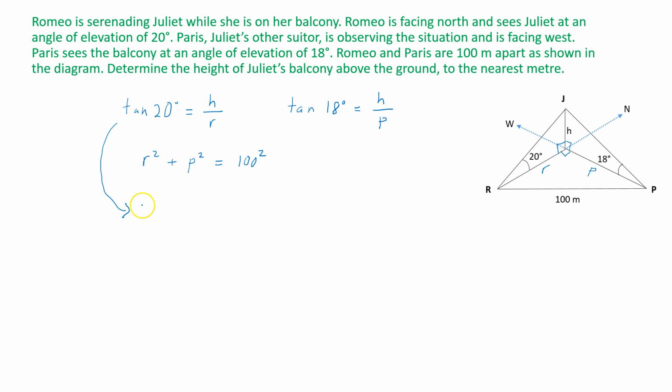So I'm going to isolate for r. So r is going to equal h over tan 20 and p is going to equal h over tan 18.